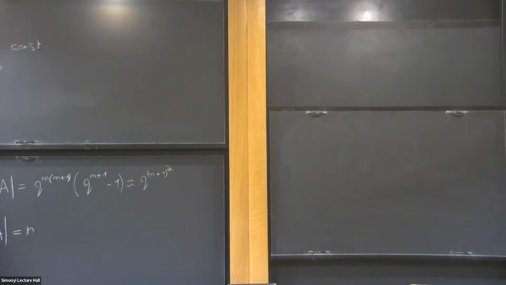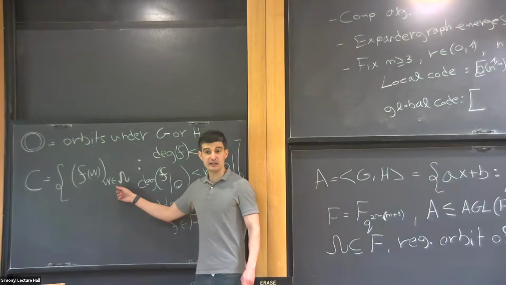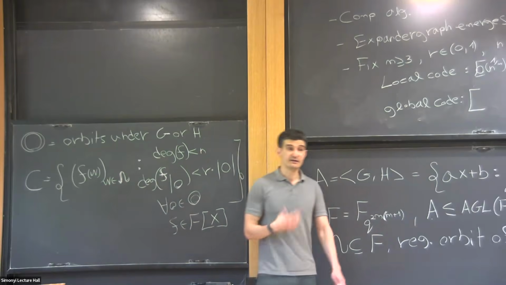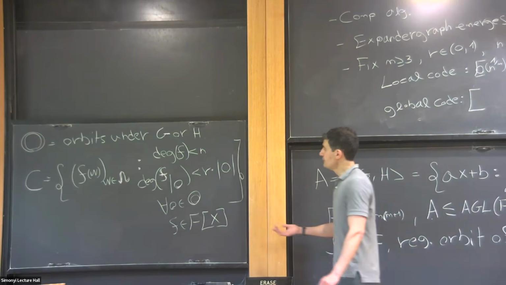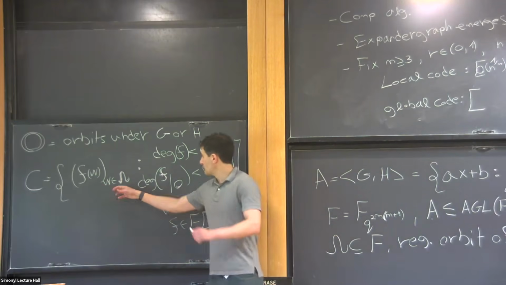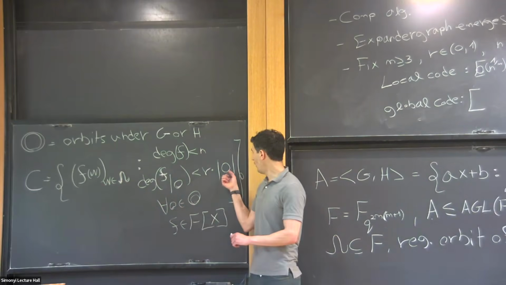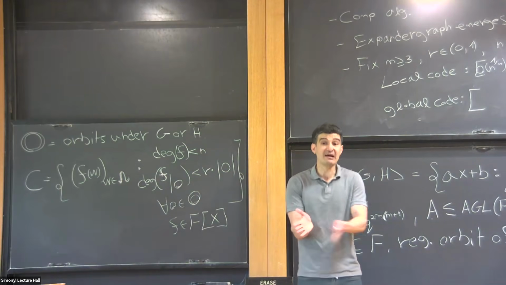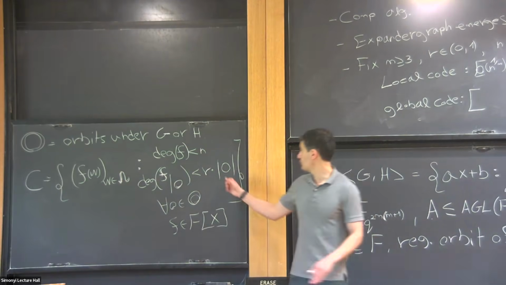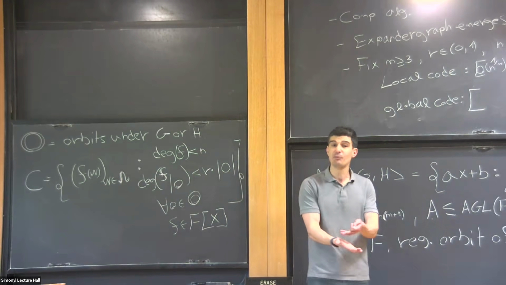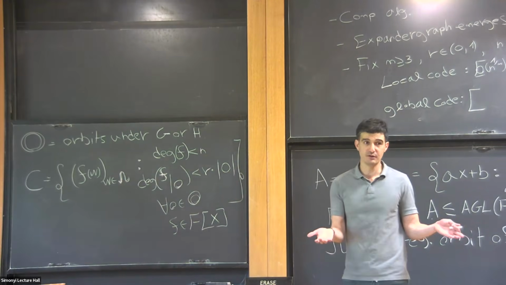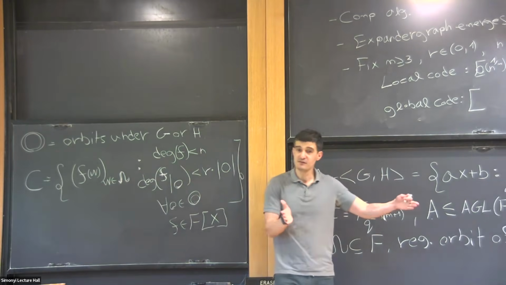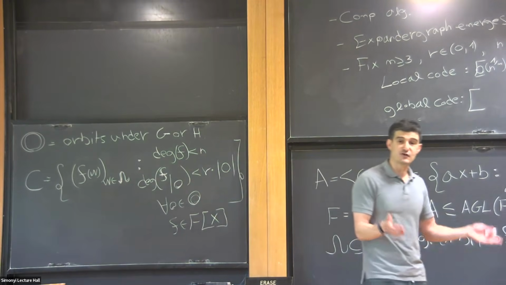First of all, the length of the code is the size of omega, which is n. And second, when I restrict myself to an orbit, I see a low degree polynomial evaluated at the points of O. So basically, when I restrict to an orbit, I see a codeword of the Reed-Solomon code, because I'm evaluating a low degree polynomial at many points.